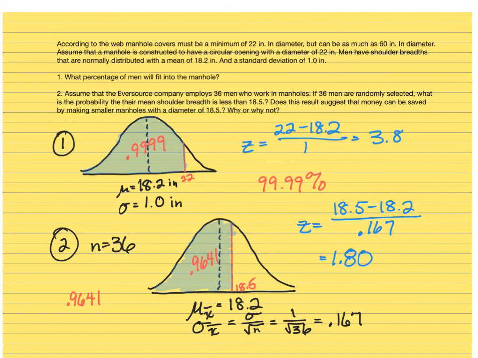That doesn't mean they can all fit down an 18.5 inch diameter manhole. It just means that's their average. So we've got to be a little careful. What I said previously was not truly correct. It's more correct now just to say there's a 96% chance that their average is there. So it's not quite as clear cut that we should make the manholes smaller, but on average, for a group of 36, their average will be less than 18.5, 96% of the time.